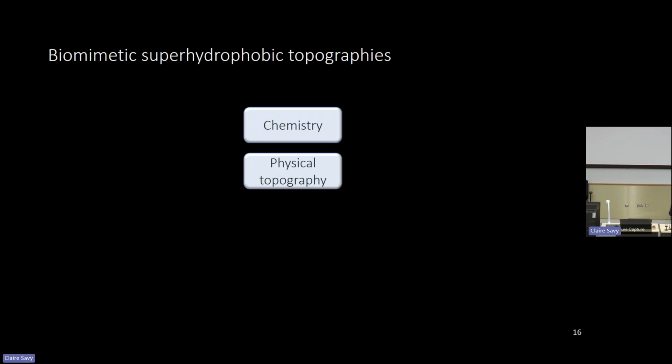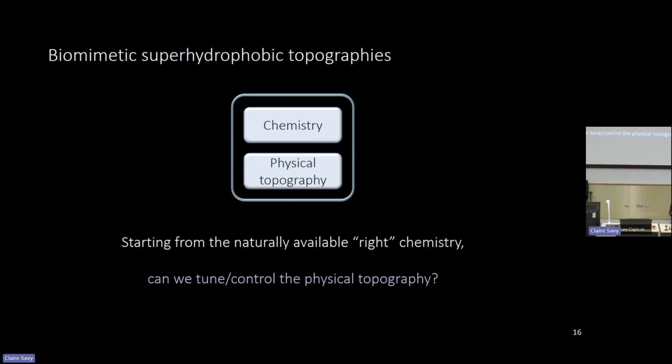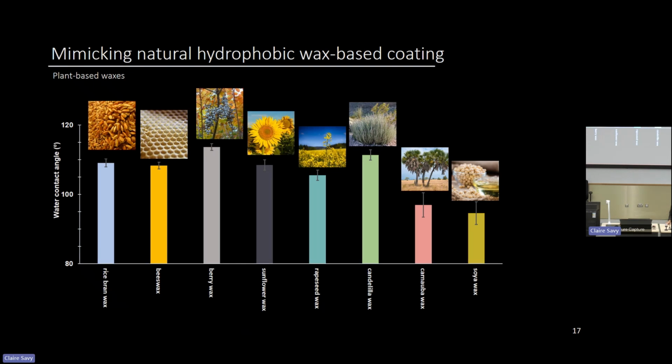So the question is, at this point, we knew that the chemistry and the physical topographies are linked. And the question that we had is, if you pick the right chemistry and focus on these kinds of waxes, can we tune the physical topographies? To find the right waxes, you can go extract them from the surface of the plant leaves, but that's not exactly sustainable.